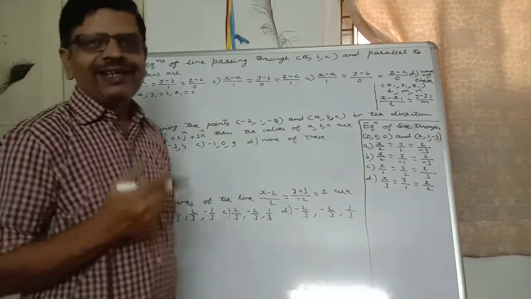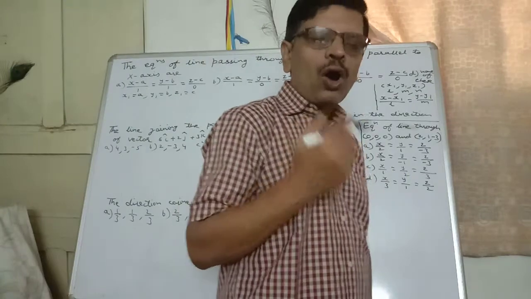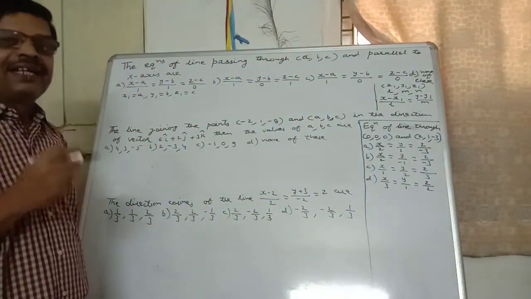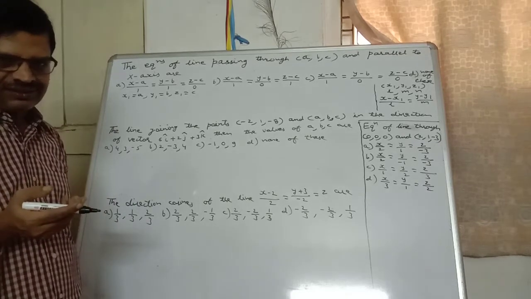Now before getting the direction cosines of the x-axis, let us see what the direction angles of the x-axis are.